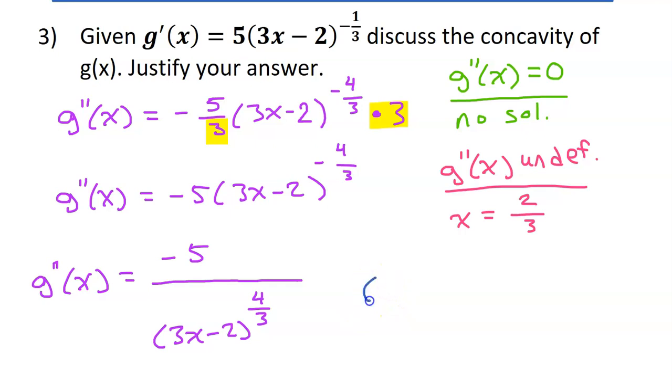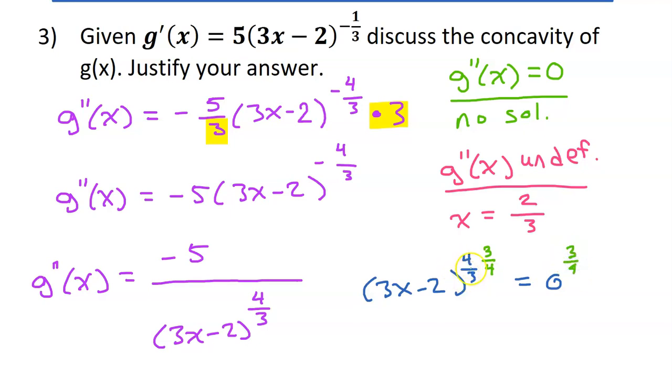I am setting (3x minus 2) to the 4/3 power equal to 0. So technically, in order to solve this, I need to get rid of this exponent. And the most efficient way to do that is to raise both sides of the equation to the reciprocal power. So I'm going to raise the left and the right side of the equation to the 3/4 power.